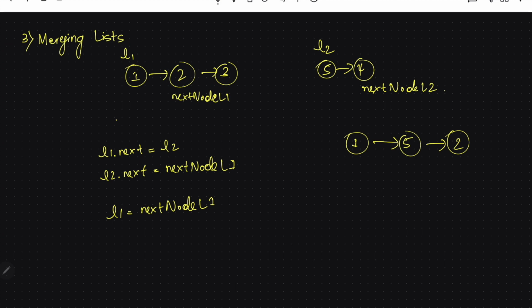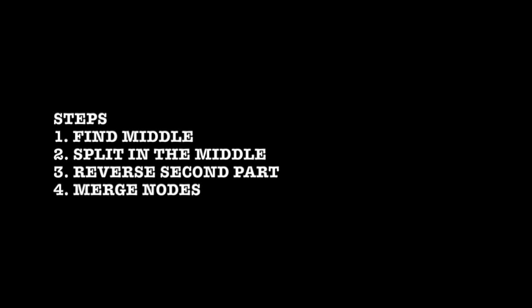If we understand this diagram, then we are just going to implement the same thing in the coding as well. So our L2 will become next node of L2 because next node of L2 is still pointing to node 4. Then we will keep on continuing this process.